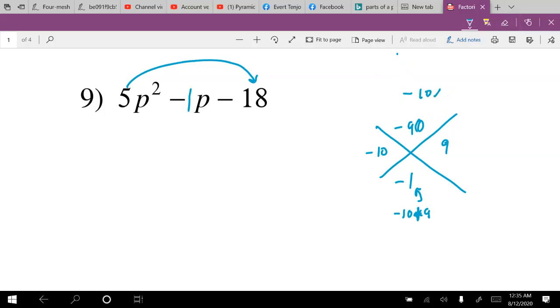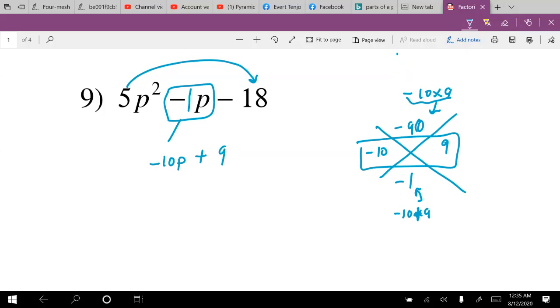So we're going to deal with this. So negative 1p will become negative 10p plus 9p. So that becomes this. Because if we add these two up, negative 10p plus 9p, we're going to get negative 1p.